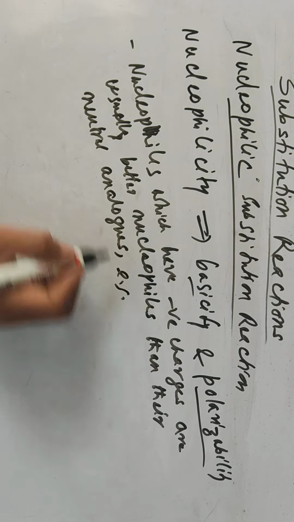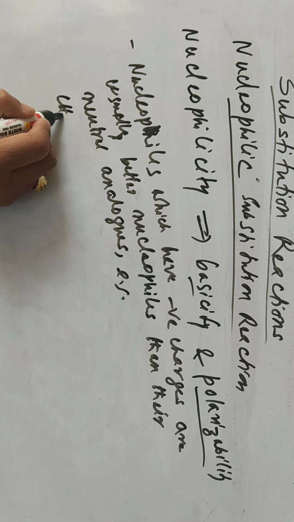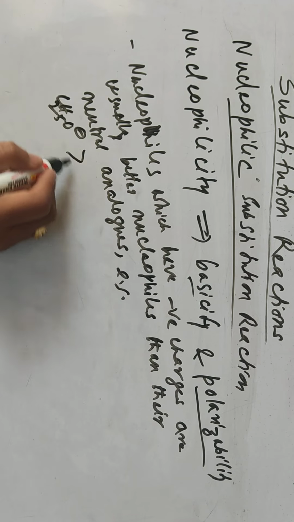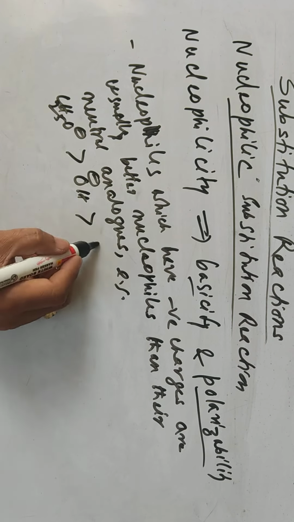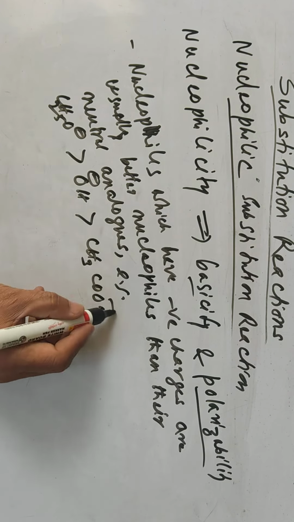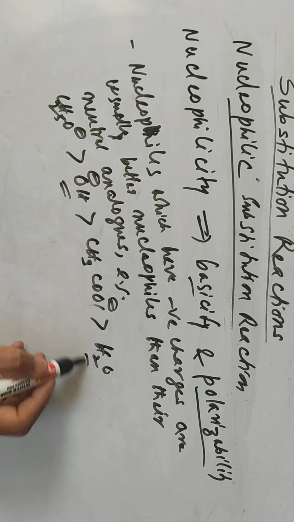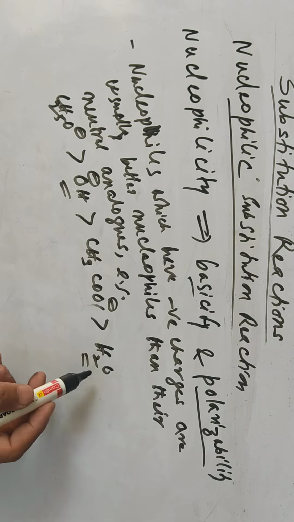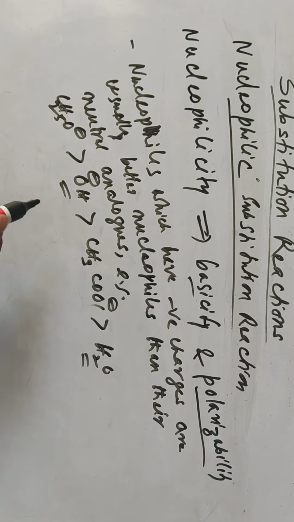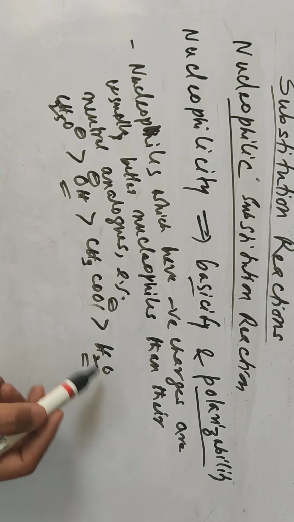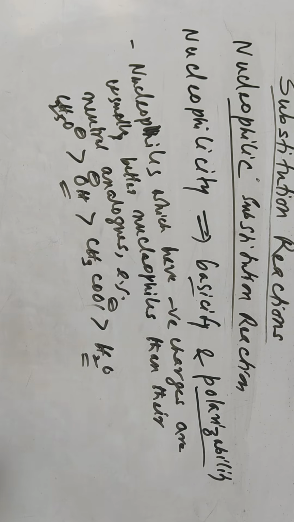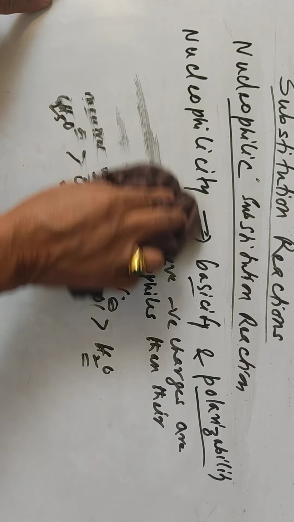For example, ethoxide, C2H5O minus, is greater than hydroxide, greater than acetate, and then water. Negative charges are stronger, so ethoxide is greater than hydroxide, which is greater than the neutral species water. So a nucleophile which has a negative charge will have more nucleophilicity than the neutral species.